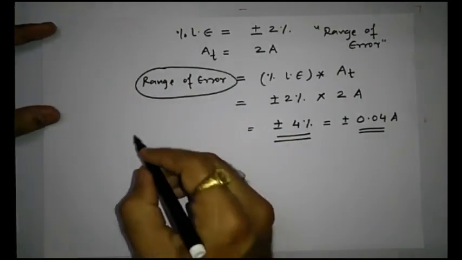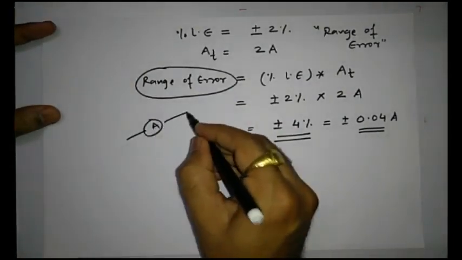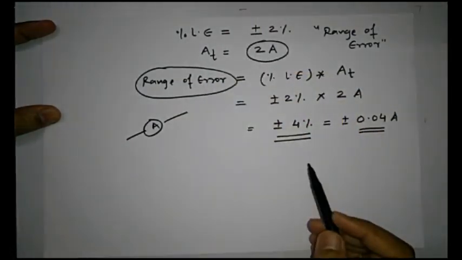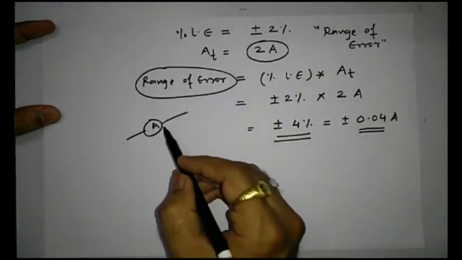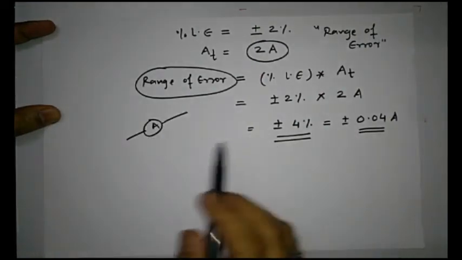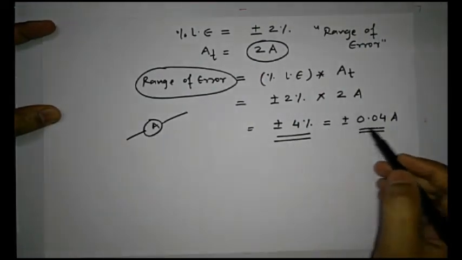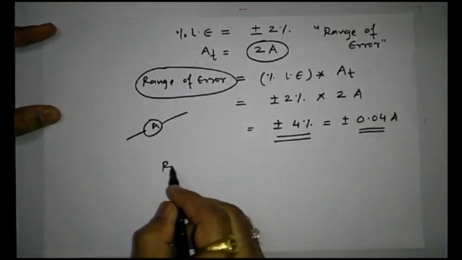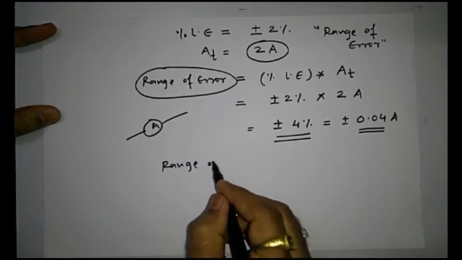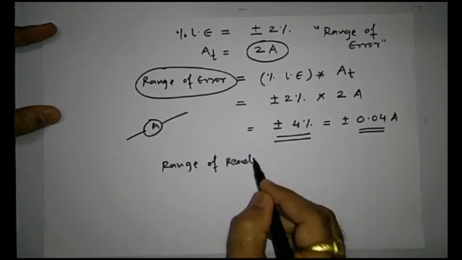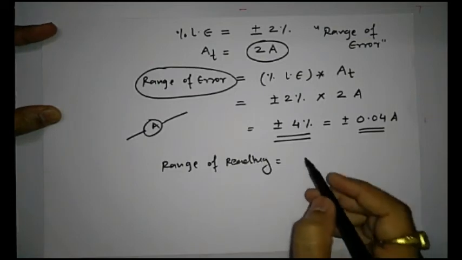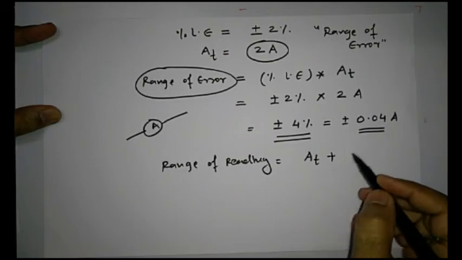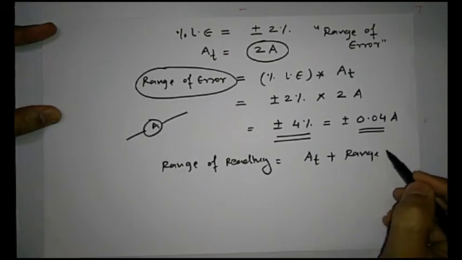That means if we have used this ammeter to measure the value of a circuit current whose true value is 2 ampere, then with the help of this ammeter we are getting the range of error in this particular fashion. Now let us try to calculate the range of reading. So we can write here, range of reading is nothing but true value of quantity plus range of error.